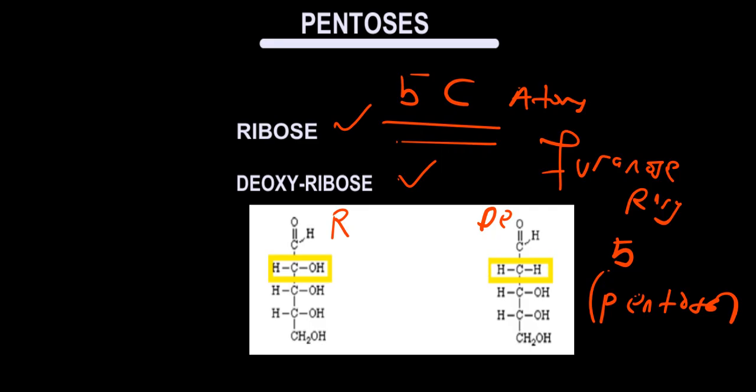On position number 2, for the ribose, the oxygen is there, but on deoxy the oxygen is not there, there are only hydrogens, but everything around is the same. Deoxy is like deoxygenated blood that doesn't have oxygen. So in this case, the oxygen on that position is not there.